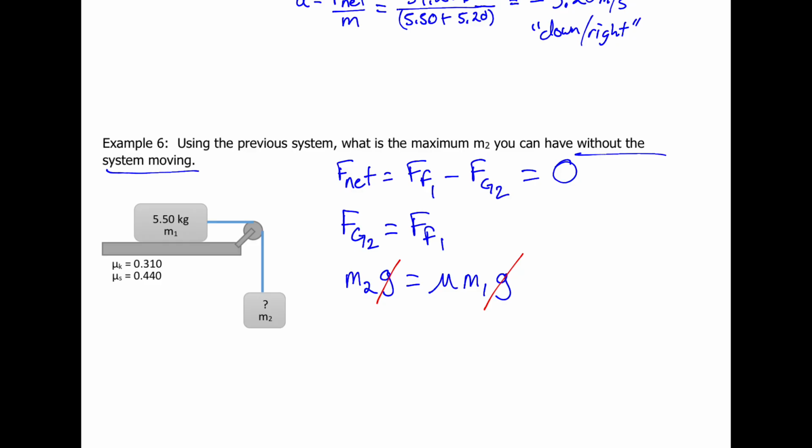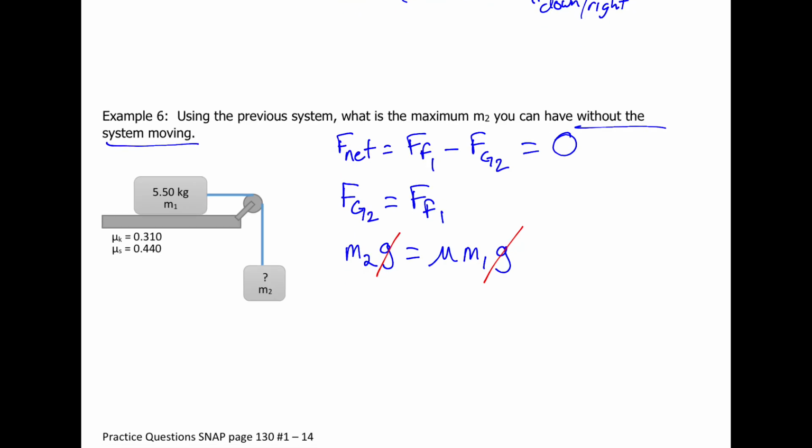So now I can see that literally the only thing I have to do is M2, the goal of the question, is just equal to mu and the other M1. That's it. Which mu am I going to use in this case, S or K? I have to use the S one in this case because we are trying to make it not move.